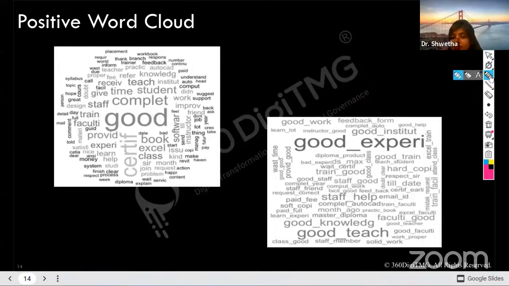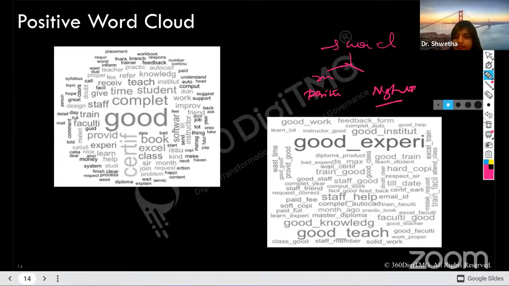Once you have pre-processed all these data, then you can apply the word cloud. A simple word cloud can be applied, and you can even go for sentiment analysis where you're preparing positive word clouds and negative word clouds.